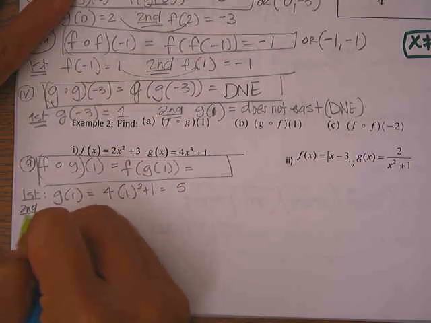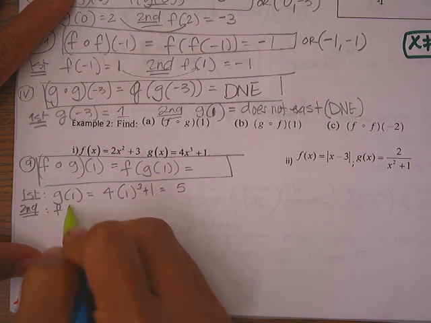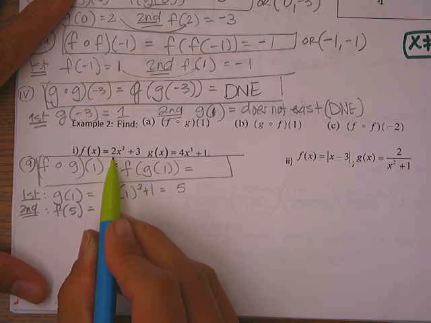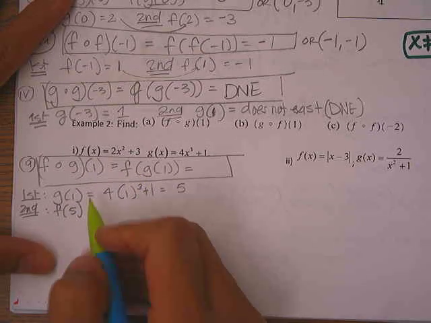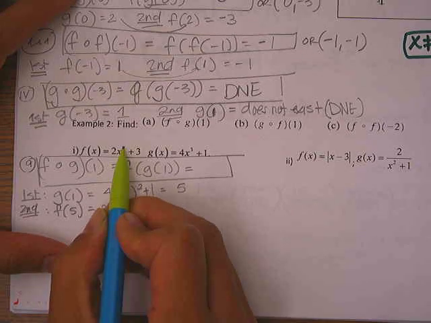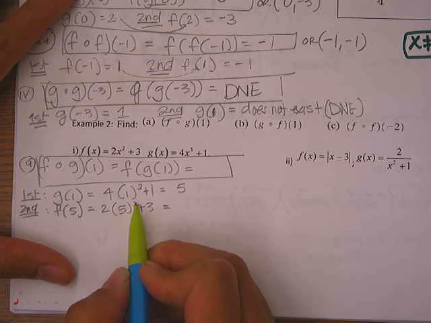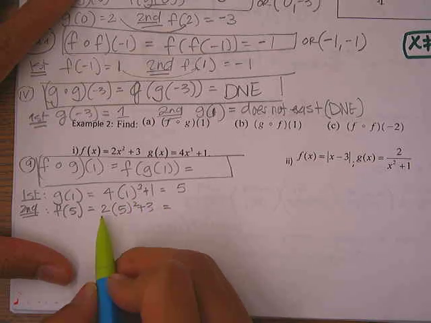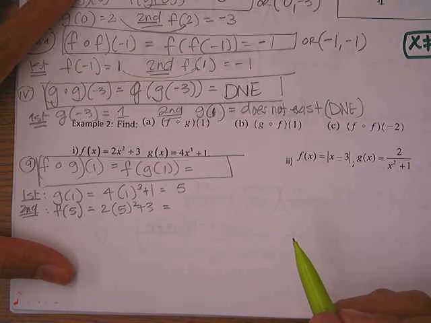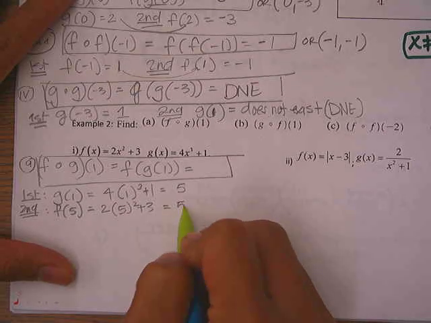Second step. Now that I know that g of 1 is 5, we are now going to substitute: f of 5 equals, plug it into the f function. So 2 times 5 squared, because this is x squared, plus 3. 5 squared is 25, 25 times 2 is 50, 50 plus 3 is 53.